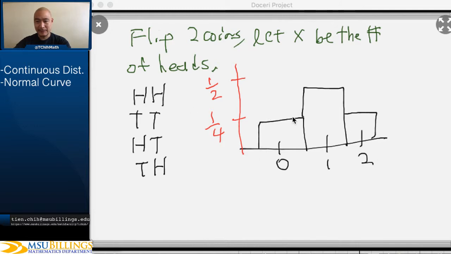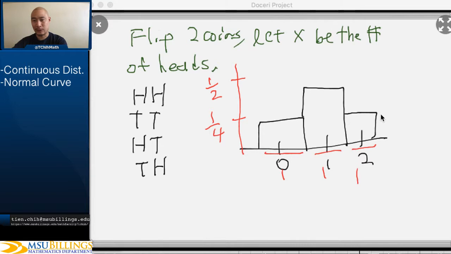And so if this is how my heights are measured, and let's say the base of all of our rectangles here have length 1, then this is a 1 by 1 quarter rectangle whose area is 1 quarter. Here's a 1 by 1 half rectangle whose area is 1 half.